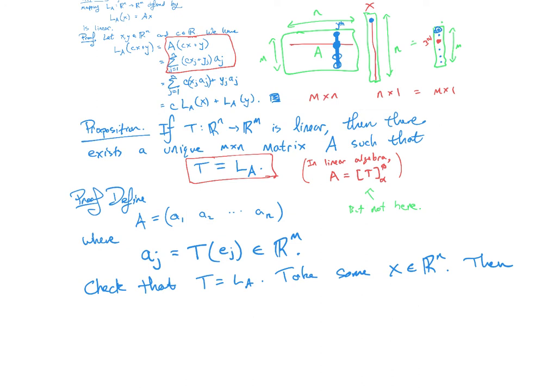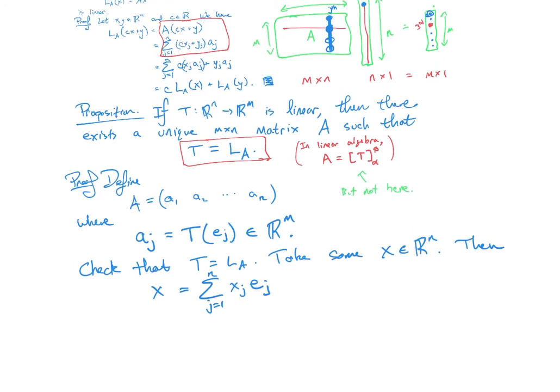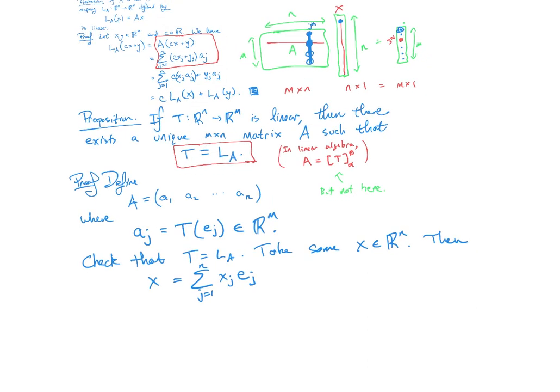In order to do this, I think we want to express it in terms of the standard basis. So x is literally the sum of its coordinates times the standard basis vectors. Every vector is a linear combination of the standard basis vectors, and that is the meaning of the coordinates, basically.